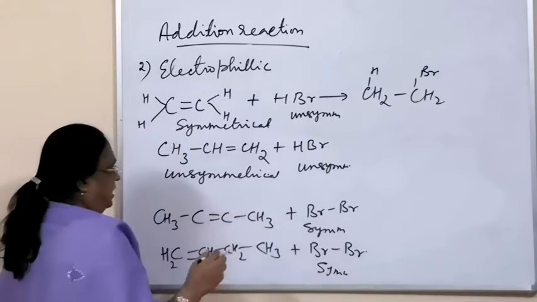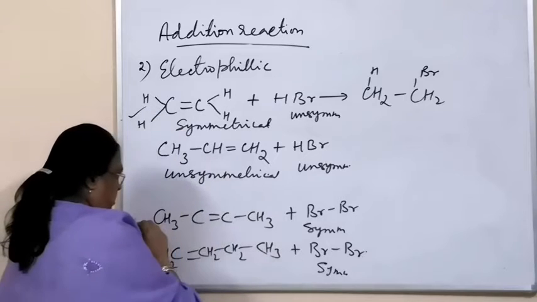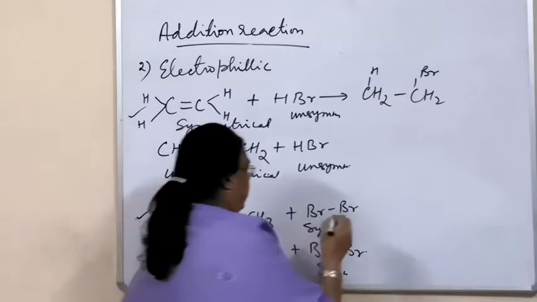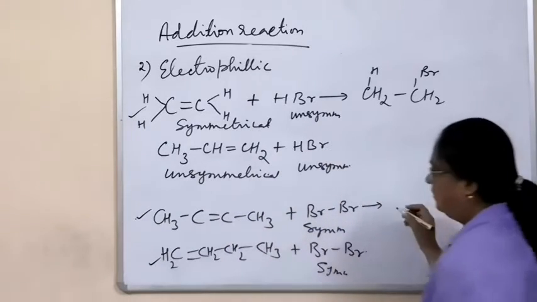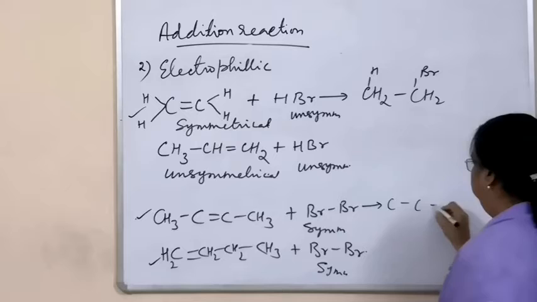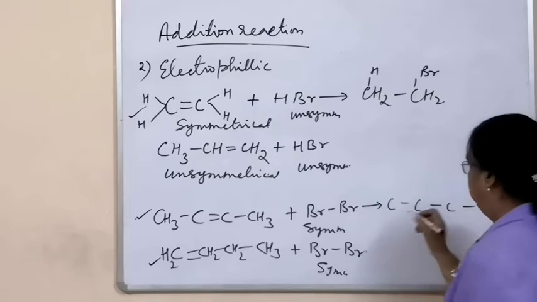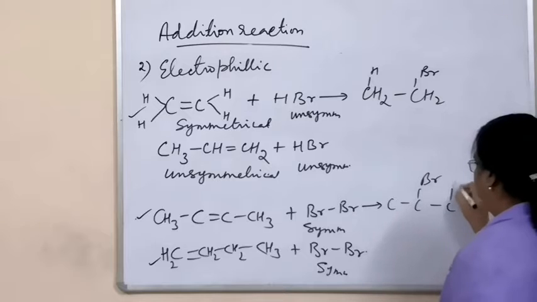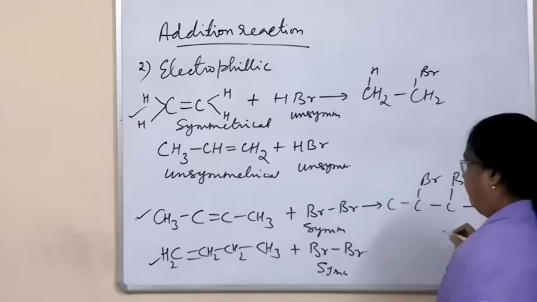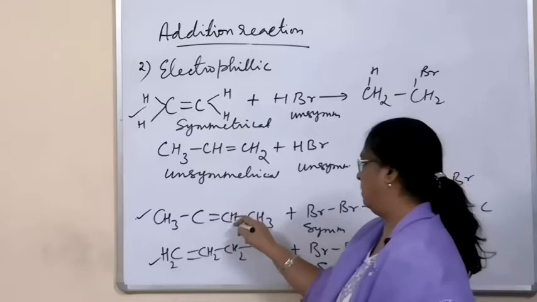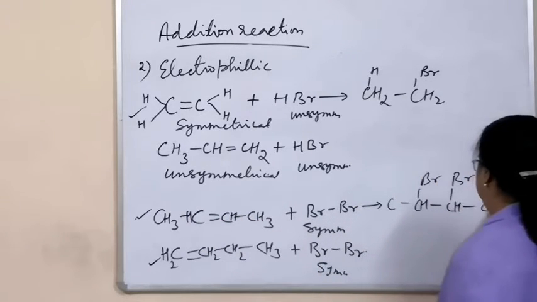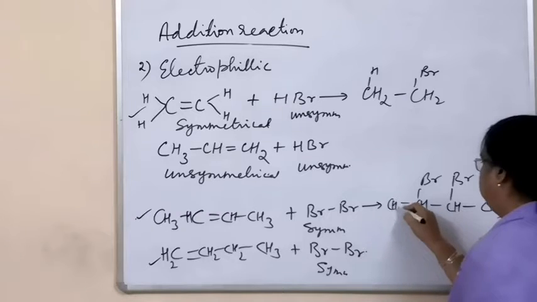So when we have this case or this case or this case, writing the product will not be a problem. In this case, the product will be 1, 2, 3, 4. Double bond has turned into single. So one Br will be attached there, one Br here, and we will have CH, CH, CH3 and CH3.